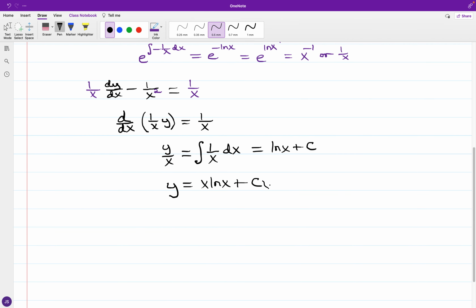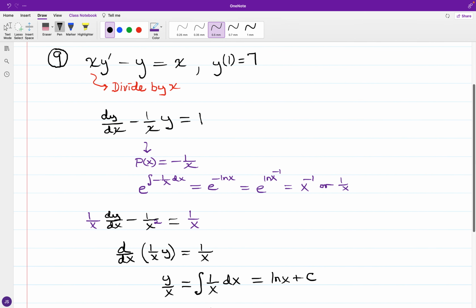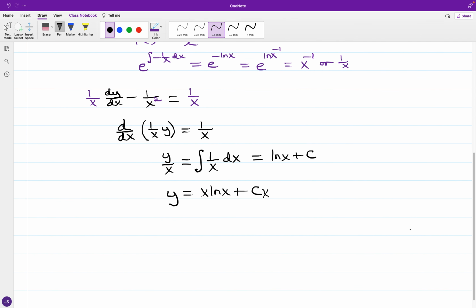plus c times x. And looking at the initial condition, going from the determination of the general solution to the complete solution, we have y of 1 is equal to 7. Substituting, again, you have y is equal to 7 whenever x is at 1.